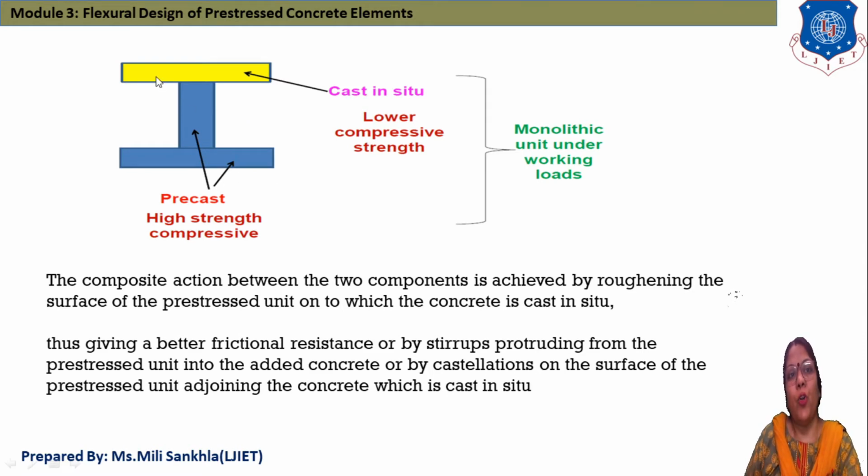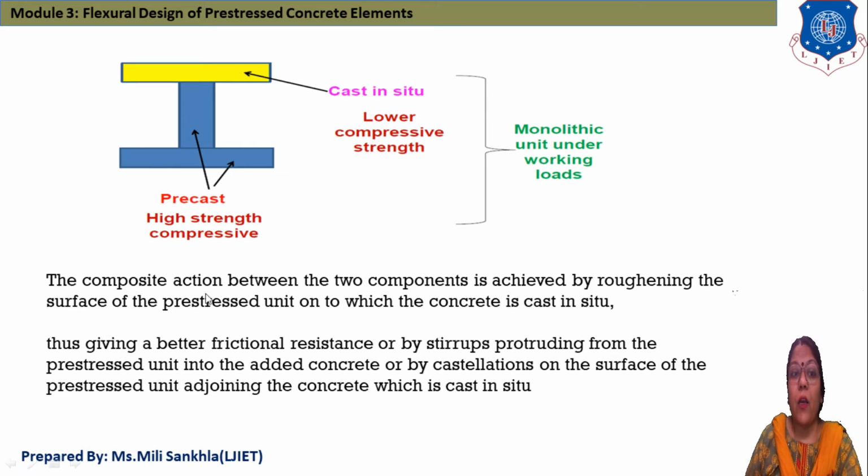The top is the flange and the middle portion is known as the web. The top flange acts as cast in situ concrete with lower compressive strength, and the middle web and bottom flange act as precast high strength concrete. The bond between the cast in situ and the precast high strength concrete acts monolithically under working load, that is, when it is subjected to service load.